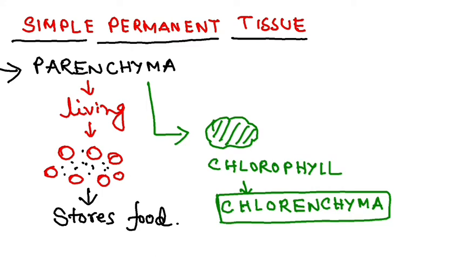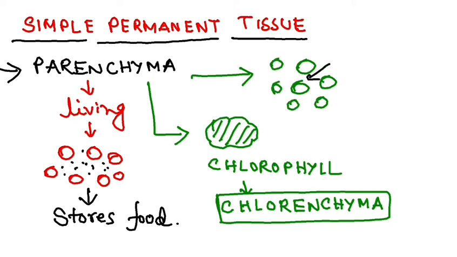Okay. Now there is another kind that is found in aquatic plants. Aquatic plants like water hyacinth. What happens in those plants is that the parenchyma tissues, because there is space between them, in these spaces inside you have air, right?